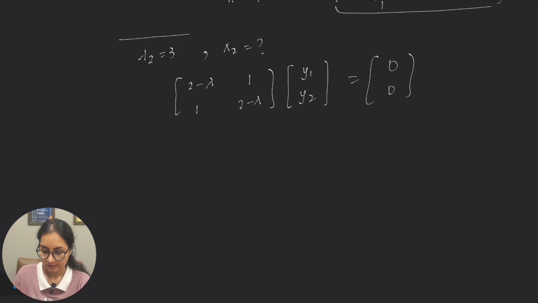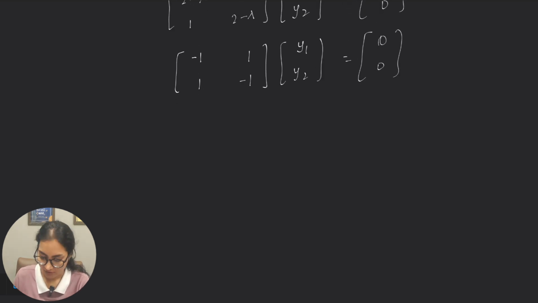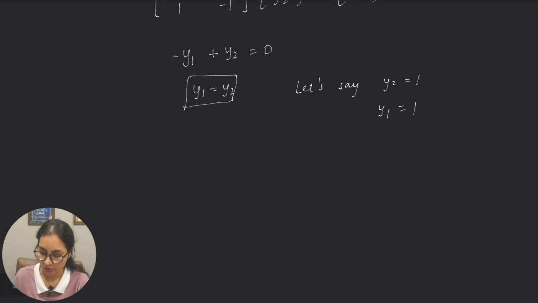Now substitute 3 in place of lambda, so 2 minus 3 would be minus 1, minus 1. Now let's multiply these two matrices. On the left, we get negative y1 plus y2 equals 0, and we get a similar kind of equation which is redundant, it's fine. So y1 equals y2. Let's again choose the minimum value: y2 is 1, so y1 is also 1 because they are equal to each other. So my x2 would be 1, 1.